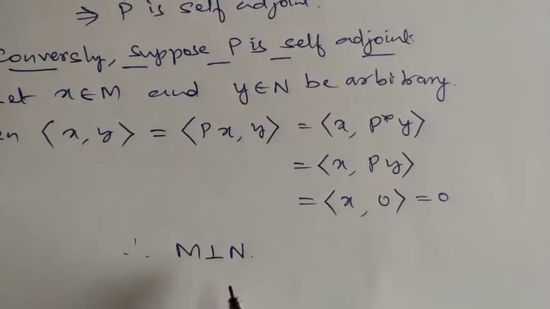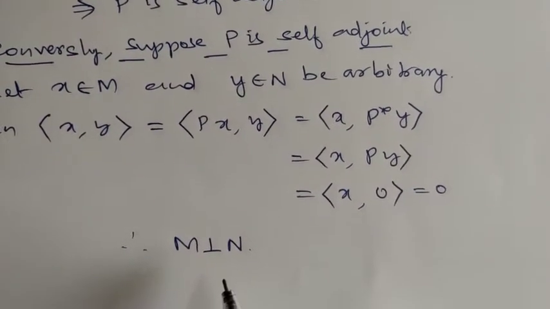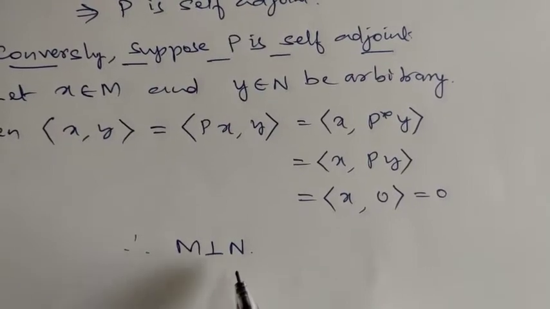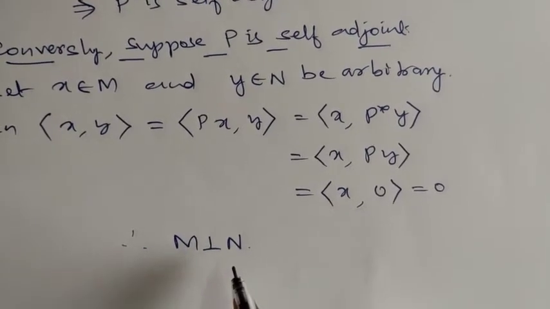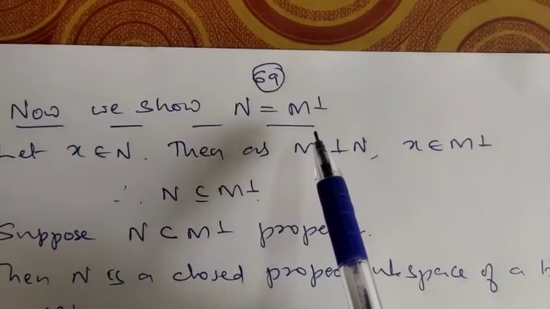Now we have to show what? We have to show that N is nothing but the orthogonal complement of M. That is, we have to show N is equal to M perp.